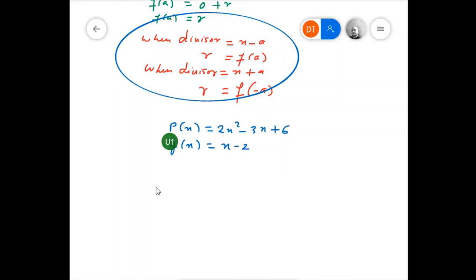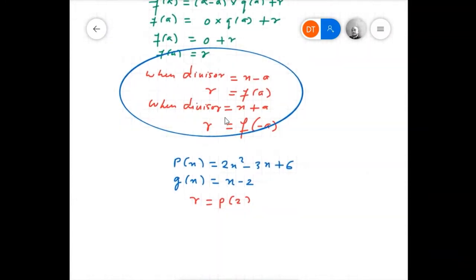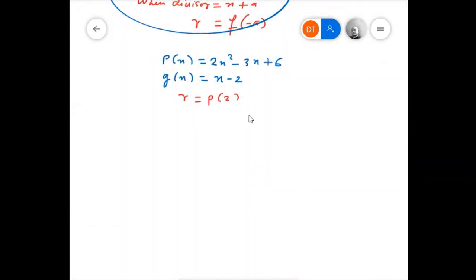What does the remainder theorem say? When f of x is divided by x minus a, the remainder will always be f of a. So here the remainder will be p of 2.